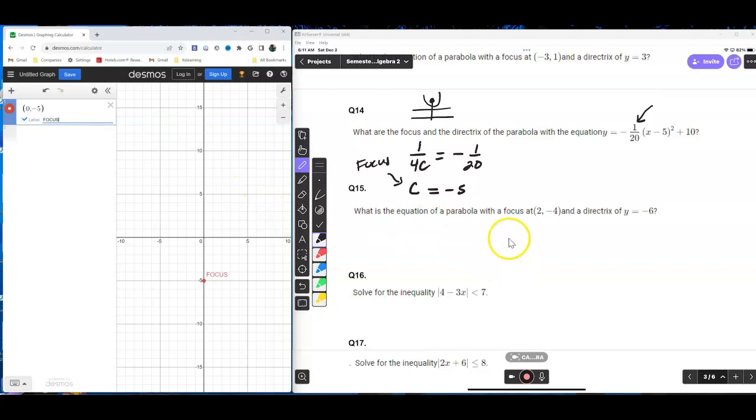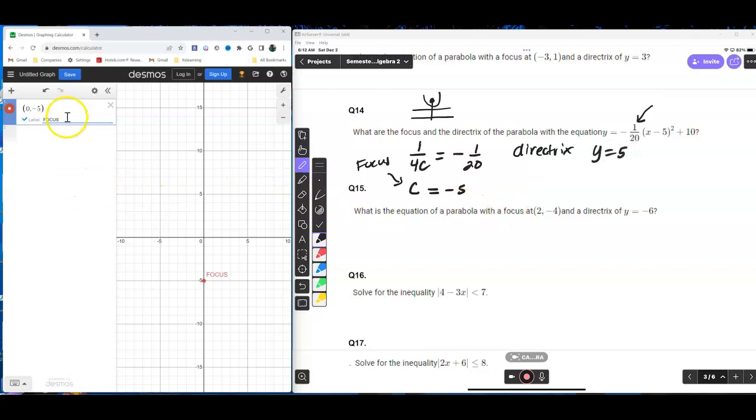Now we need the directrix. The directrix is that horizontal line that is equidistant to the parabola. Here's the focus, so the parabola has to open down, and the directrix is at y equals 5.